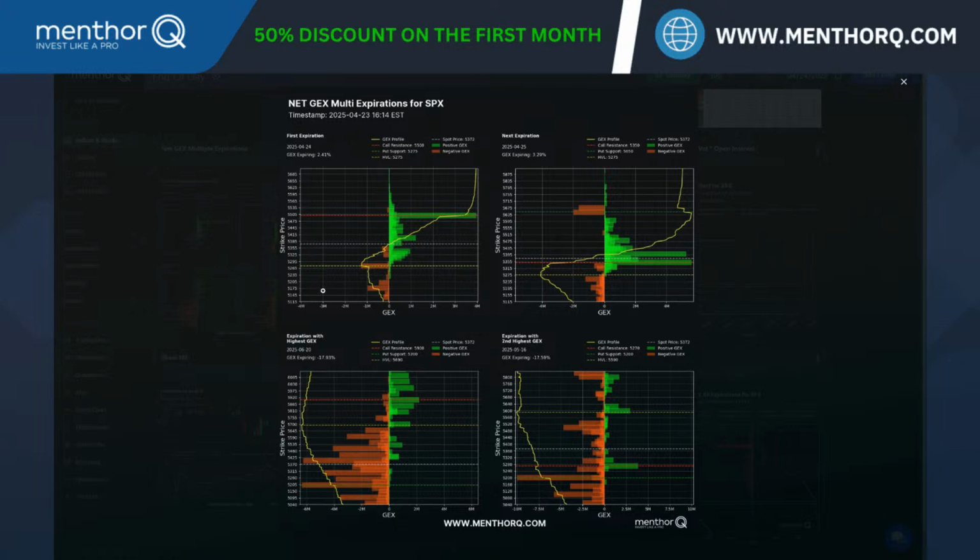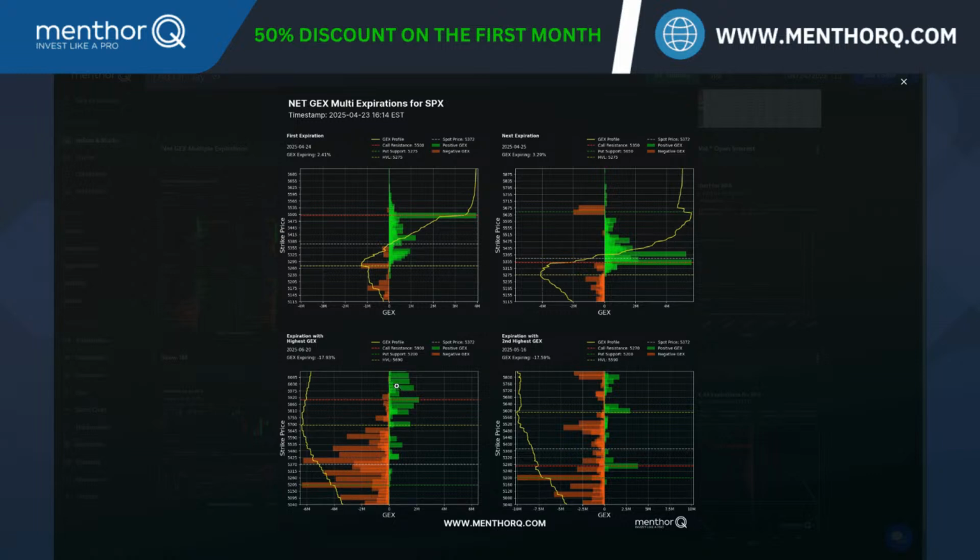So this gives you an at-a-glance view of what's happening today, tomorrow, and the next higher volume days, or as you point out, GEX expiring. So 17, almost 18% here. This is actually almost the same. But obviously it's sorted by highest to lowest.